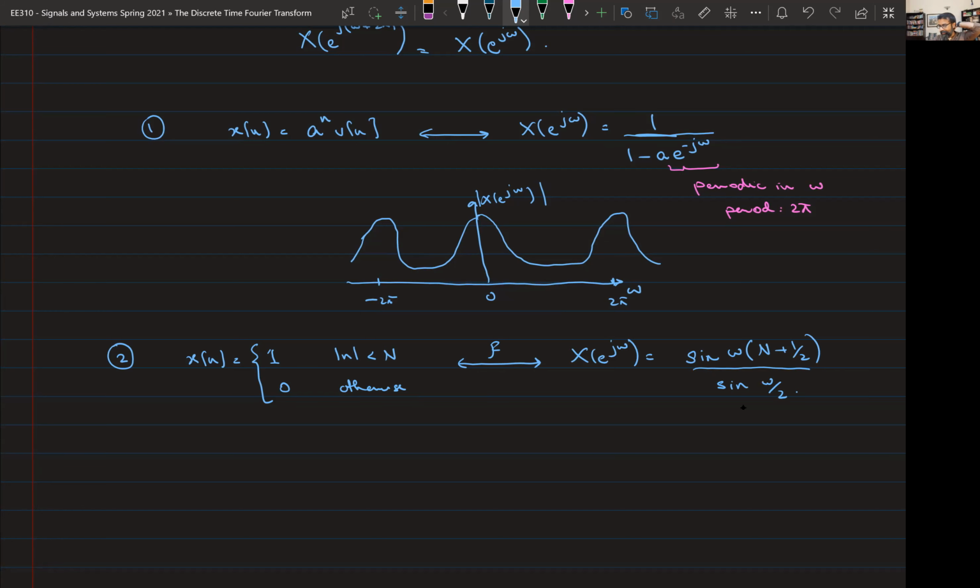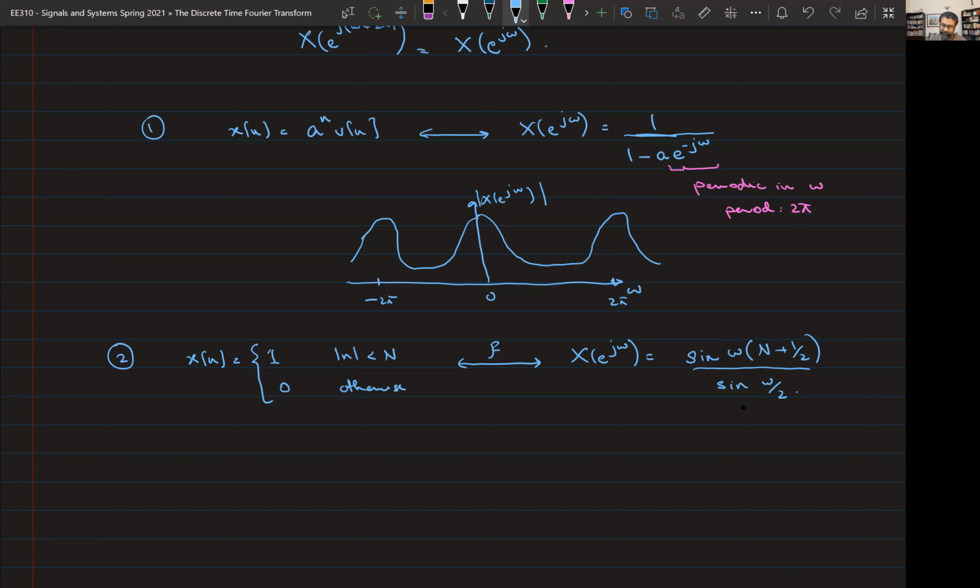Now, if I just look at the right-hand side, what do you think the period should be? When I look at it for the first time, I'm just trying to verify whether everything done above is correct or not. I'm given this expression here, and I want to figure out if this expression is correct. One of the ways to see if this is correct is to check whether this is periodic with a period of 2 pi.